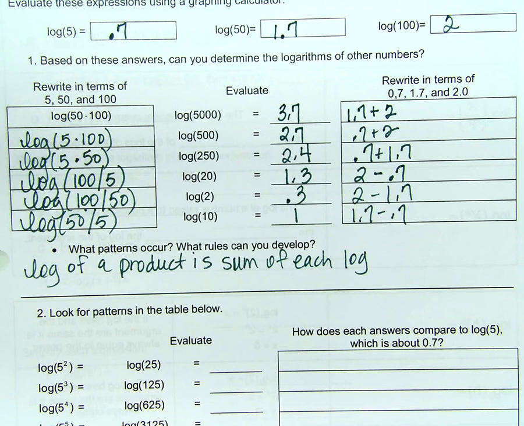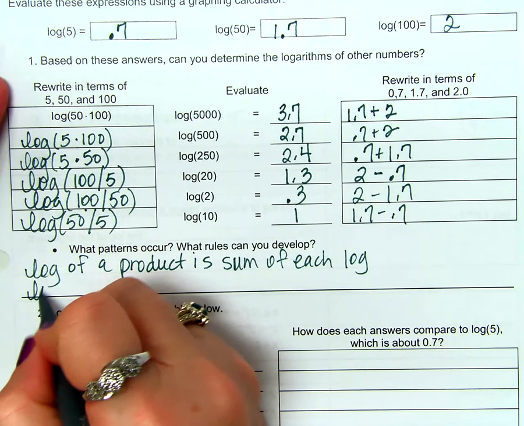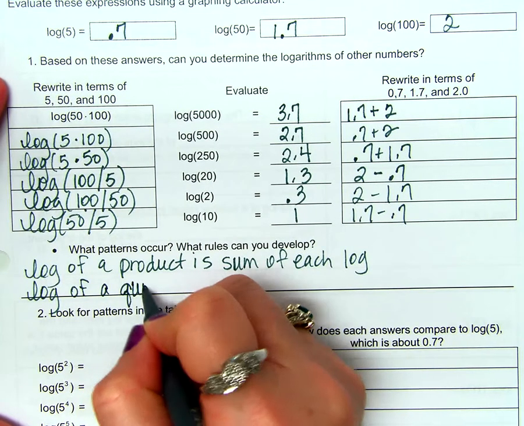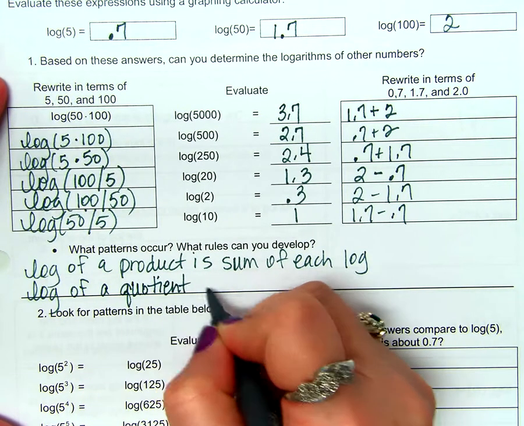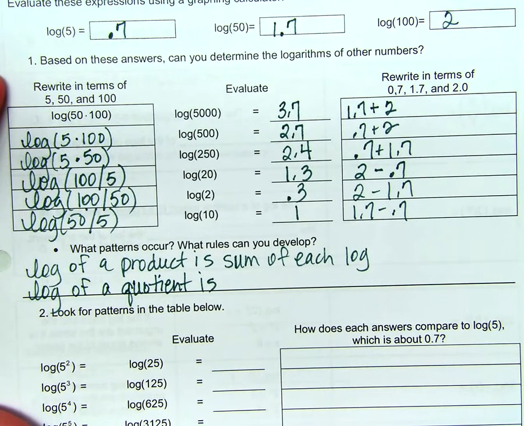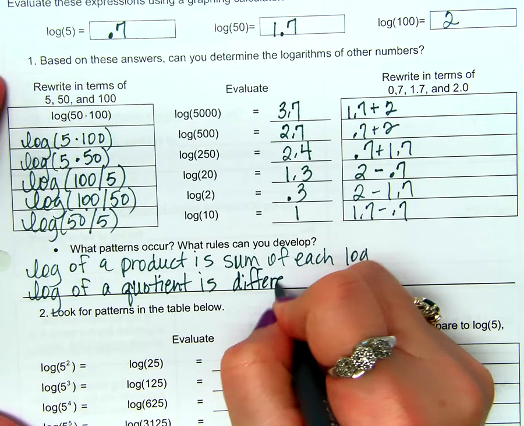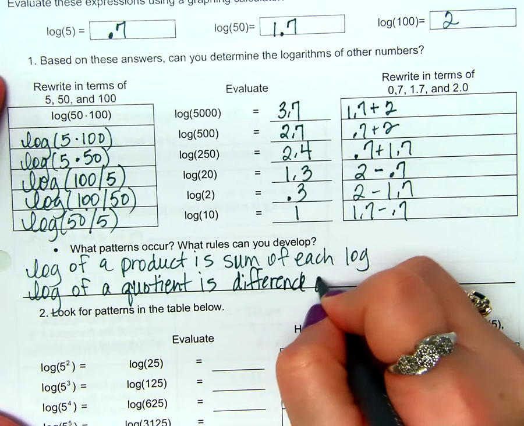So, do you see any other patterns besides that one? Log of a quotient is the what? The difference of each log?